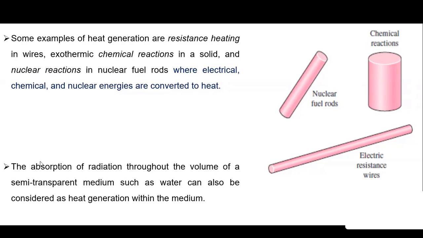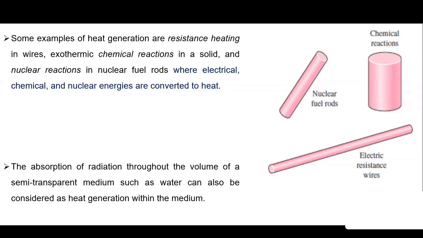Now, another example is the absorption of radiation throughout the volume of a semi-transparent medium like water, which can also be considered as heat generation within the medium. If solar radiation is incident upon a lake, and the lake is non-moving, meaning the water is non-moving, it is a semi-transparent medium, and the absorption is uniform.